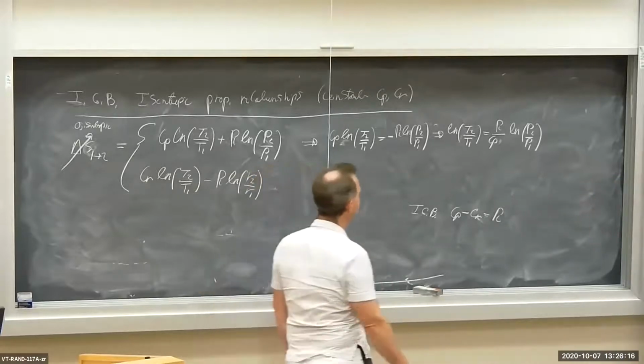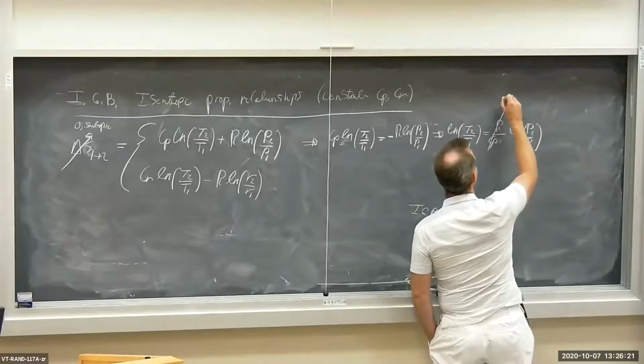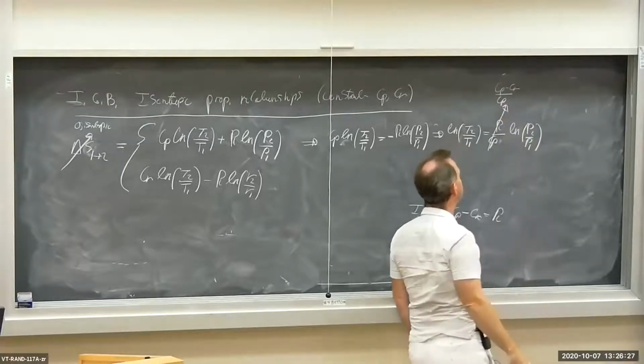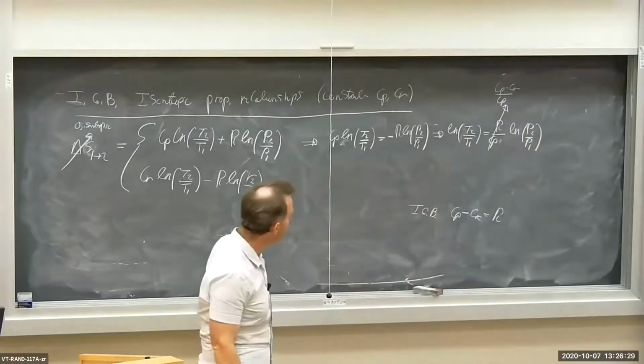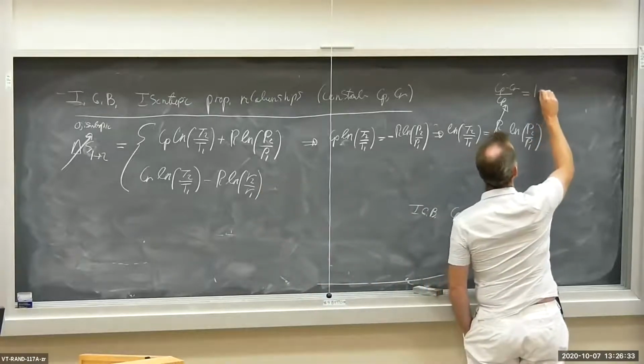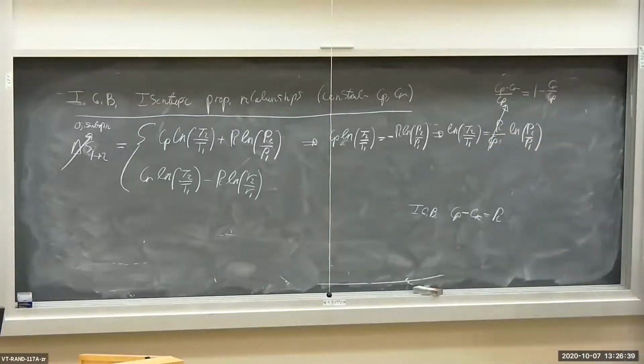So I'm going to make a substitution for R here. We get Cp minus Cv over Cp. That's what the ratio R over Cp is, and that gives me 1 minus Cv over Cp.